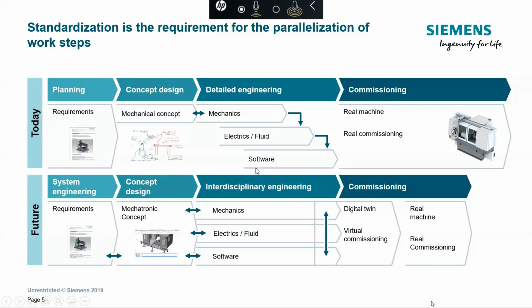This also brings the advantage that when we are about to start the commissioning, very important, the entire team need not wait for the machine to be physically available to start their testing. We can make use of the concept of digital twin. We can start the virtual commissioning.